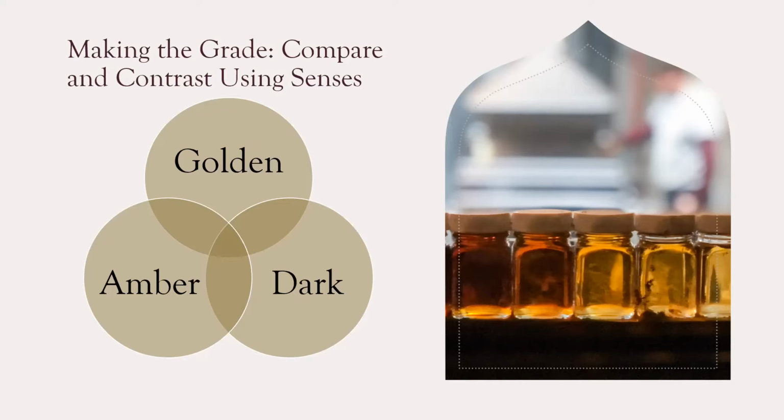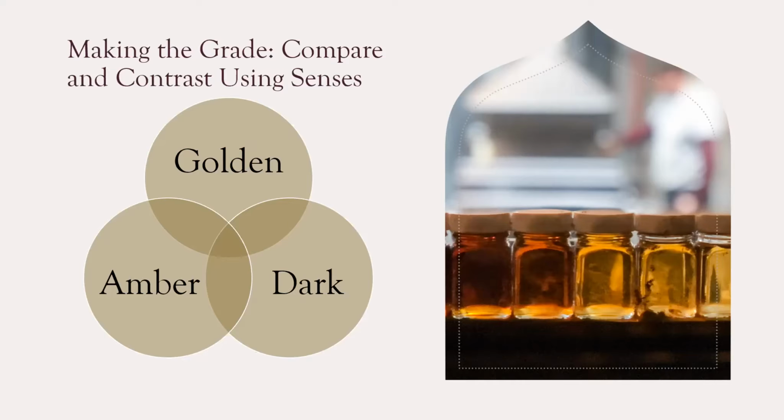We usually make that in the beginning of the season when the days are cooler and temperatures aren't quite as warm. Then as the season progresses, we go into the amber grade, which is a little bit darker and has a little more maple flavor. That is the most popular table grade syrup there is.